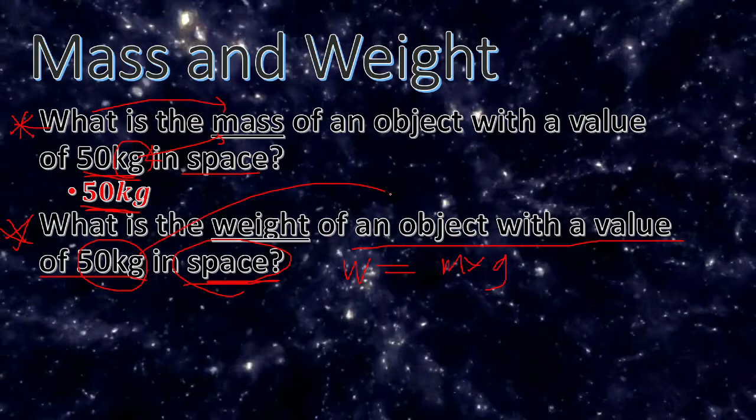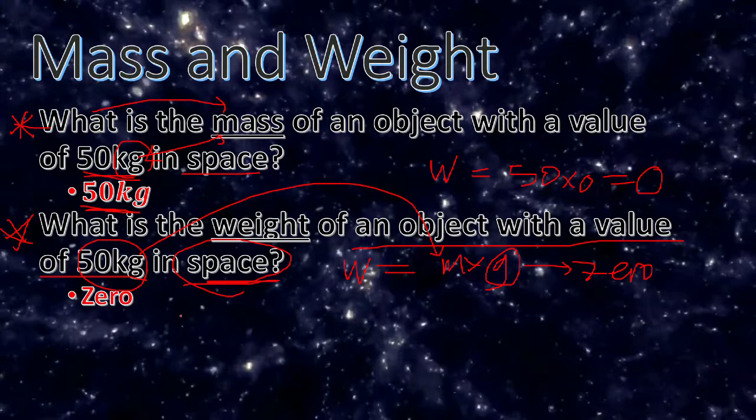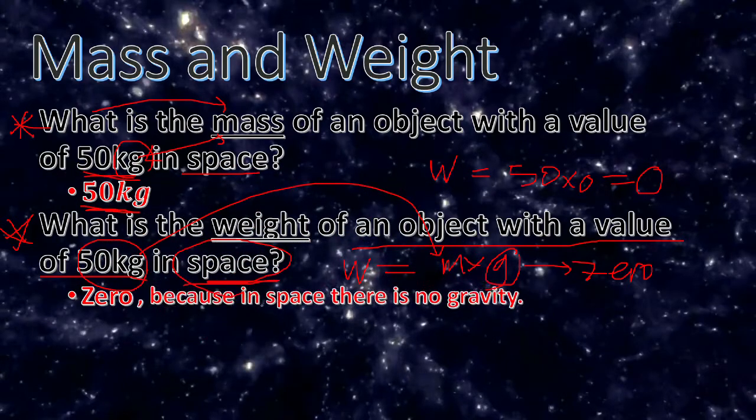Your mass is 50, you can substitute it here, but our gravity is 0. So if we substitute into our equation, we have weight equals mass, which is 50, times 0. 50 times 0 equals 0. So therefore, your answer should be 0, because in space there is no gravity.